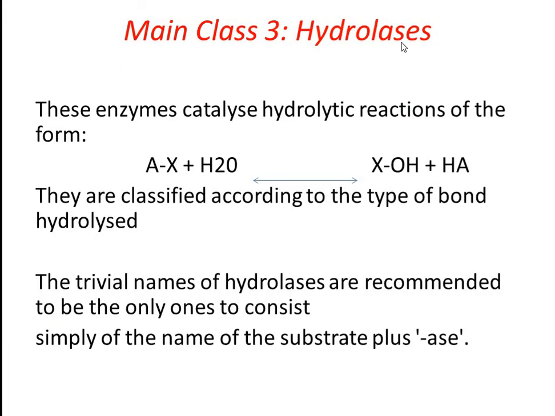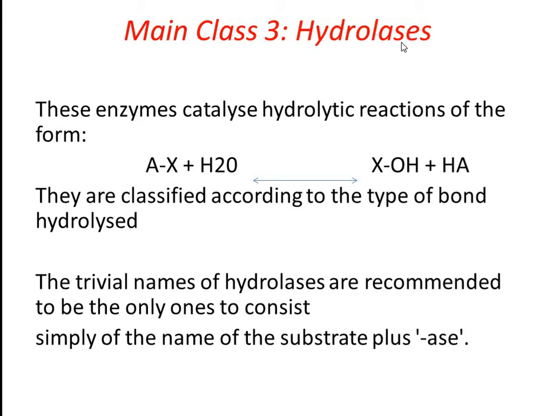The third digit 3 indicates the main class hydrolases. So these are the enzymes which catalyze the hydrolytic reactions of the form AX plus H2O, which gives XOH plus HA. These enzymes are classified according to the type of bond hydrolyzed. The trivial names of hydrolases are recommended to be the only ones to consist simply of the name of the substrate plus ase.